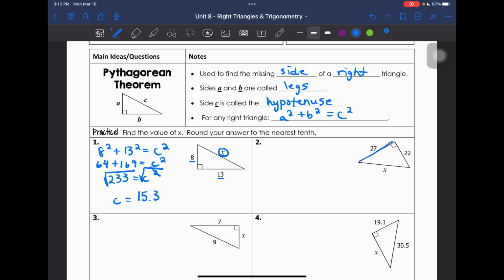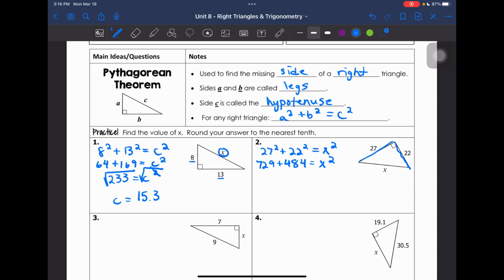On number 2, we're given a couple of legs. So let's say 27 squared plus 22 squared equals x squared, because x is our hypotenuse in this case. So let's go ahead and simplify this. 27 squared is 729, and then 22 squared is 484. You could find those easily by typing that into the calculator. That is equal to x squared.